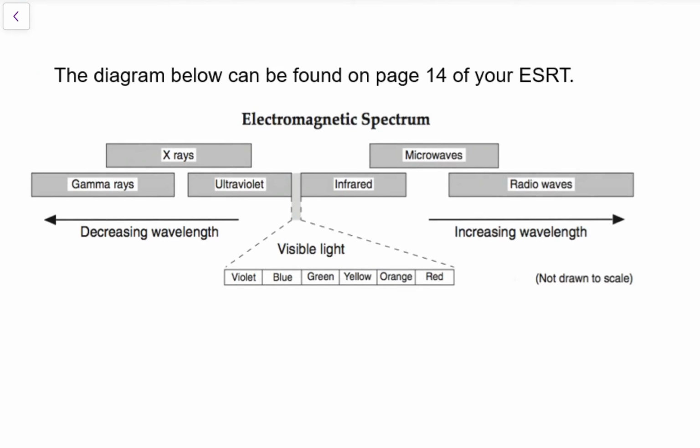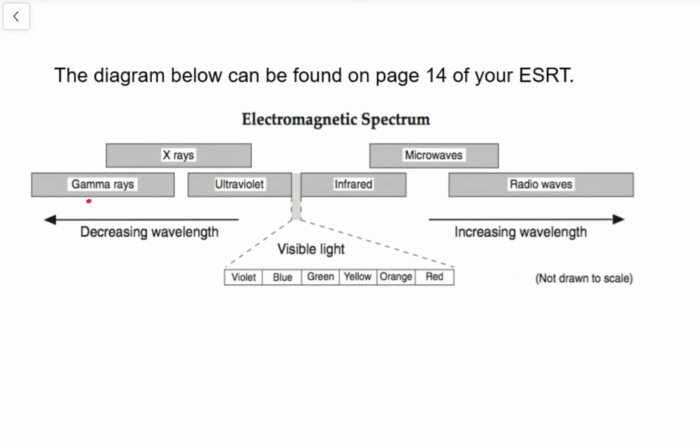This is the diagram on page 14 of our eCert that shows us all of the different types of electromagnetic radiation. So let's look here. There are 7 types of radiation shown on this chart.